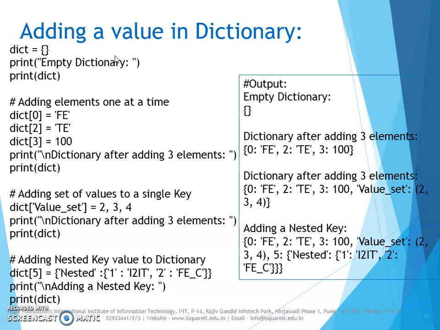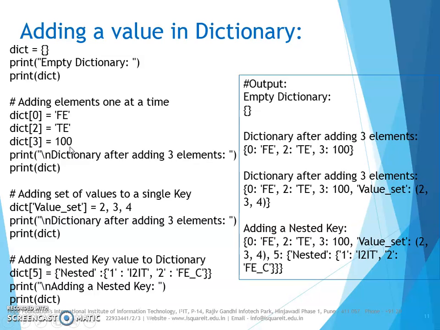Now we'll see an example of adding a value. Initially this empty dictionary is created, so it will display an empty dictionary as curly brackets. Now we want to add one at a time. For example, we have keys 0, 2 and 3, and we want to write the value FE for key 0, TE for key 2, and 100 for key 3.